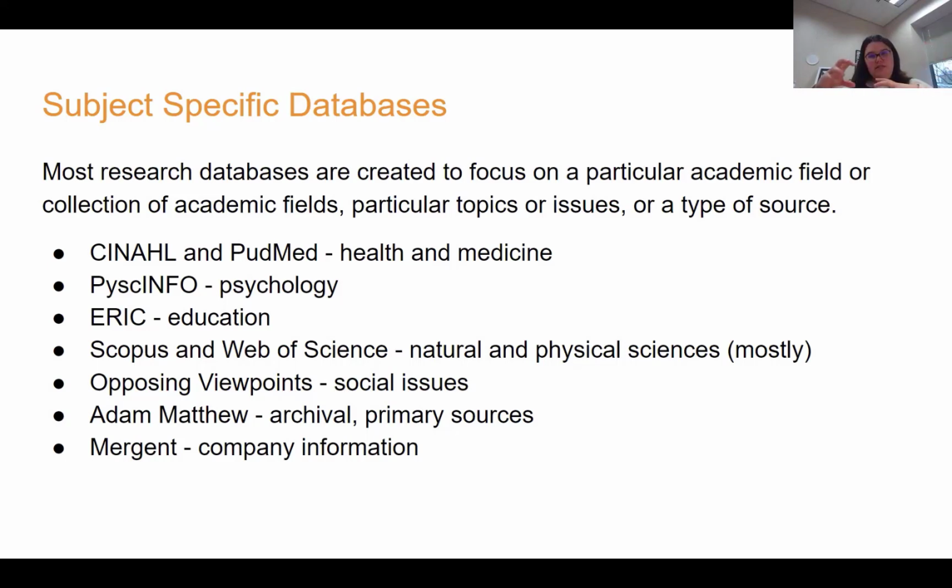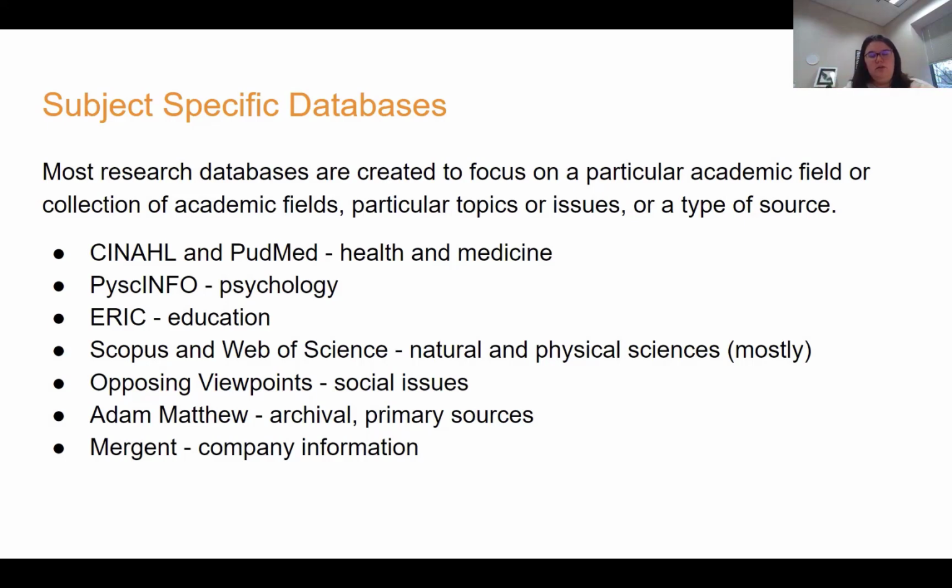But as you progress in your studies, especially as you're getting into those 300, 400 level classes, especially grad classes, you should really be looking at some subject specific databases. These are curated databases that focus on typically one academic field or even a subset of an academic field. So things like CINAHL and PubMed, which are big into healthcare and medicine.